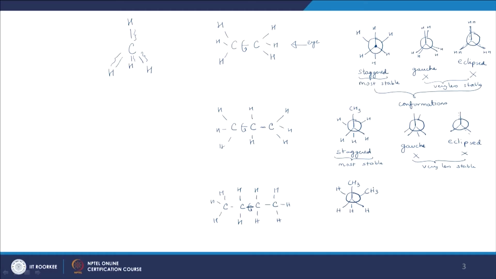You can see a conformation just like what I have drawn. You can see a conformation something like that. And we can also see a conformation something like this. Okay?